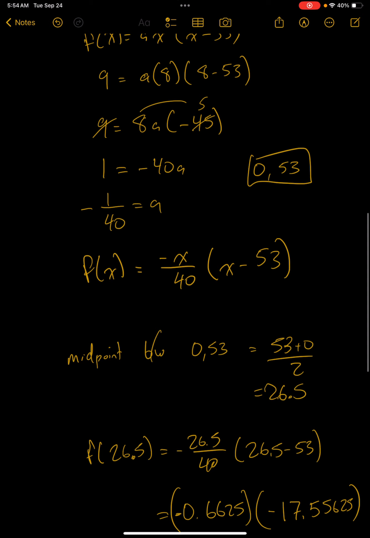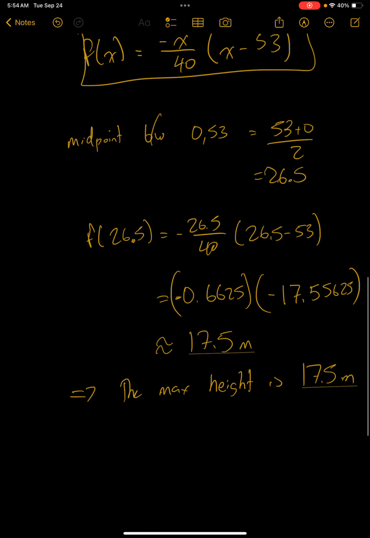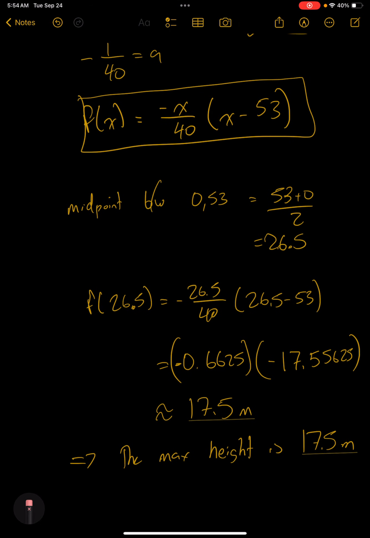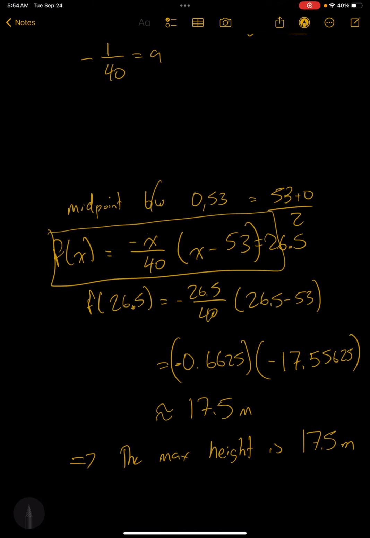So this is the function. Essentially what we're going to do is complete the square. So let's move this function and show you how to complete the square.